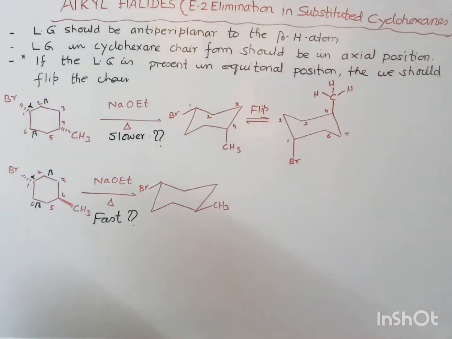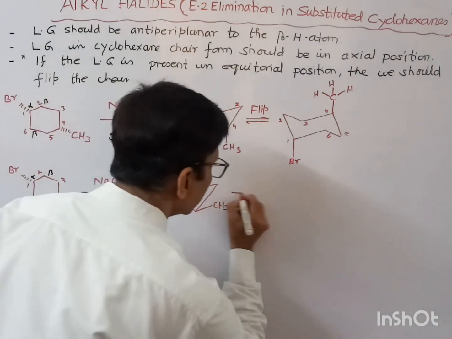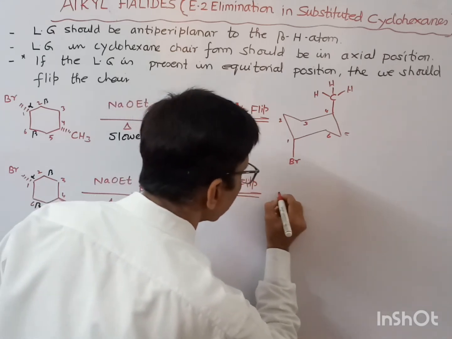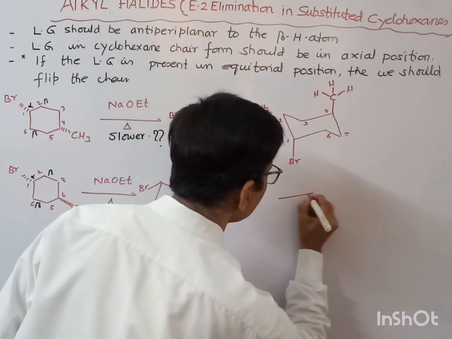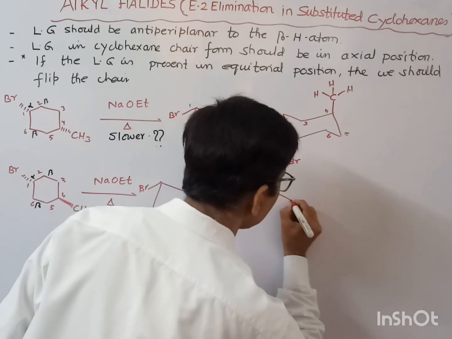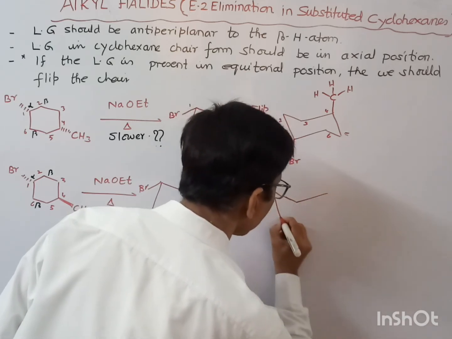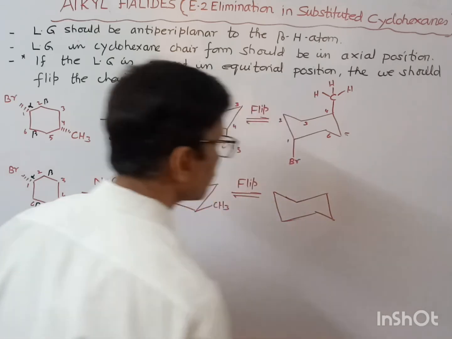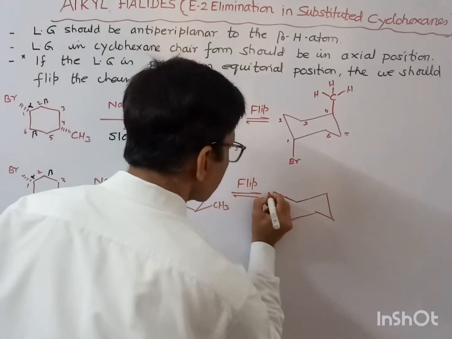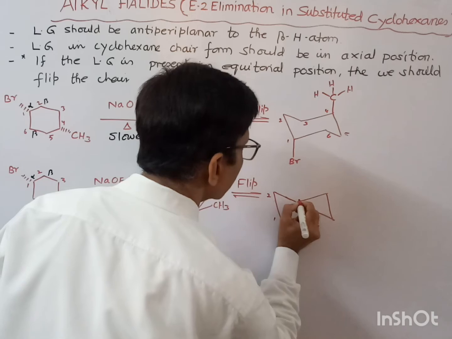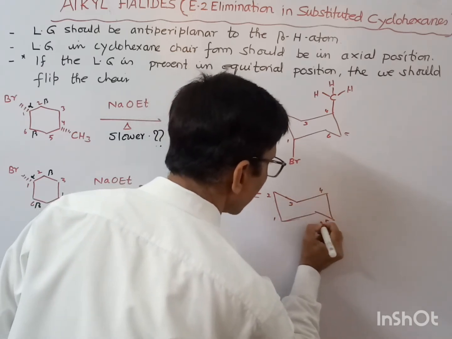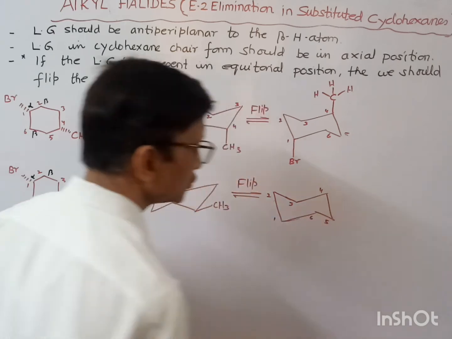Okay. Now in the same way, suppose I write the flip form of this, then what you will get? Again, this is our first, second, this is third, this is fourth, this is fifth, and this is our sixth position.